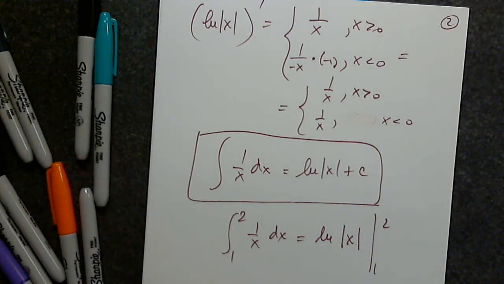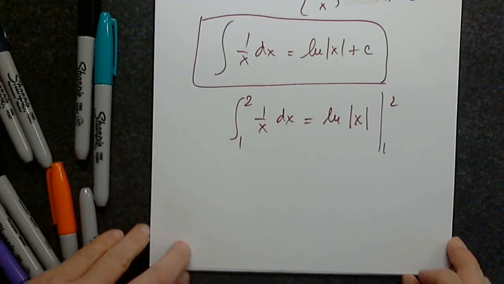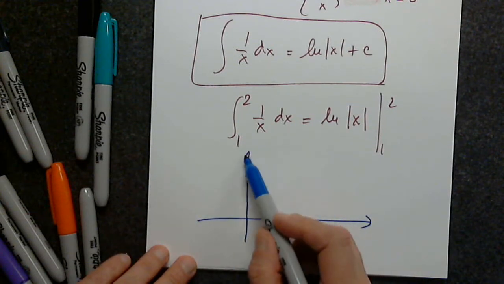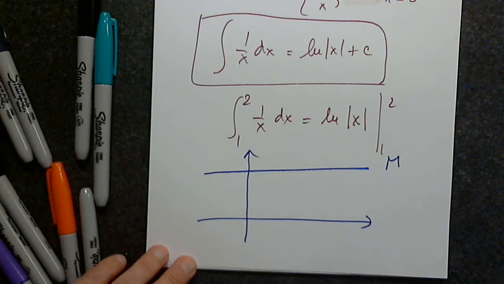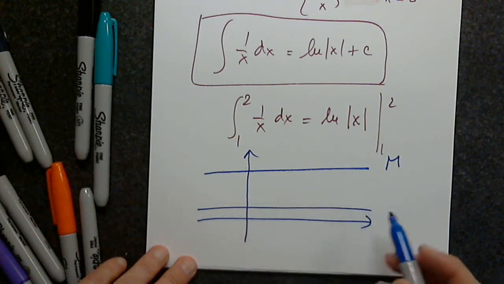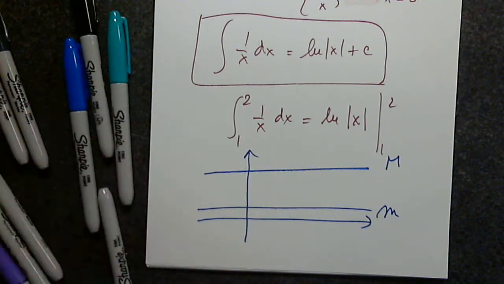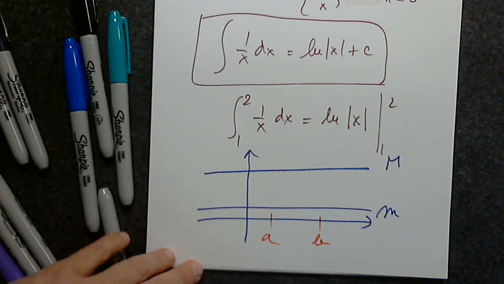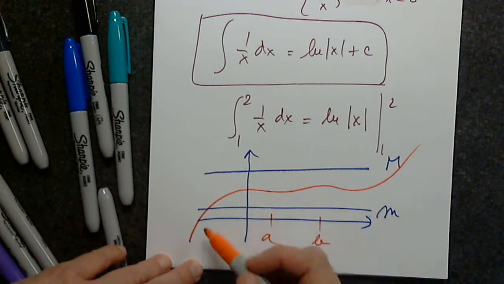In the next step, I would like us to work on another property of definite integrals. So let's look at the following scenario. I have a constant, uppercase M. I have another constant, lowercase m. And for the interval a comma b, I don't care outside of it, I have this function.